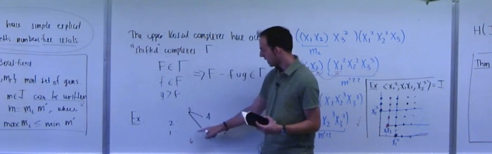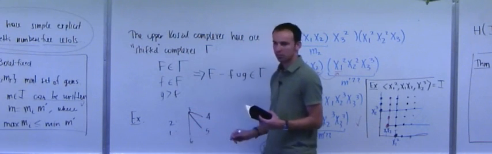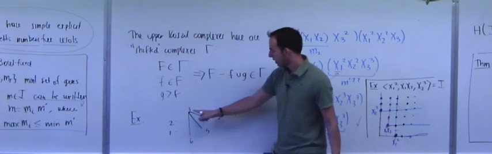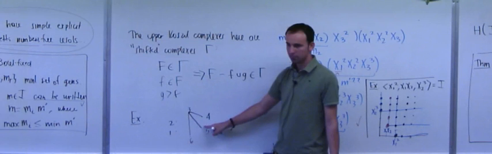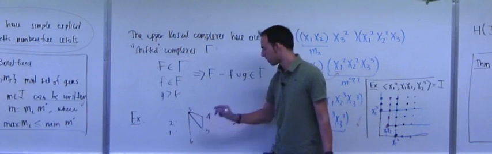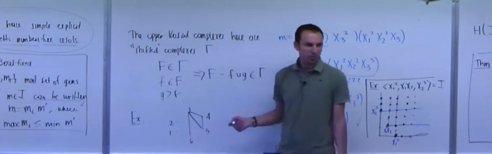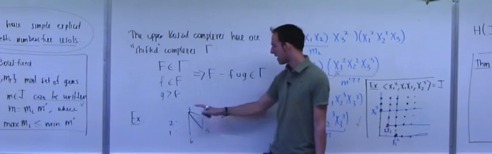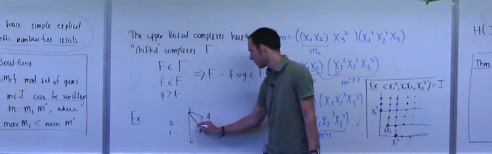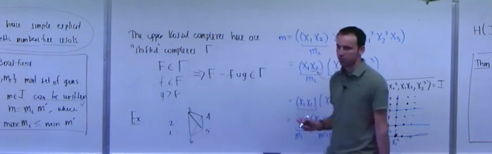But I can take out 5 and put in 6, so 3, 6 has to be a face. Now, because 3, 4 is a face, I can take out 3 and put in 5. So I get that 4, 5 has to be a face. So the point is basically that if 3, 4 is a face, then everything bigger than it has to be a face. 3, 5, 3, 6, 4, 5, 4, 6, 5, 6.